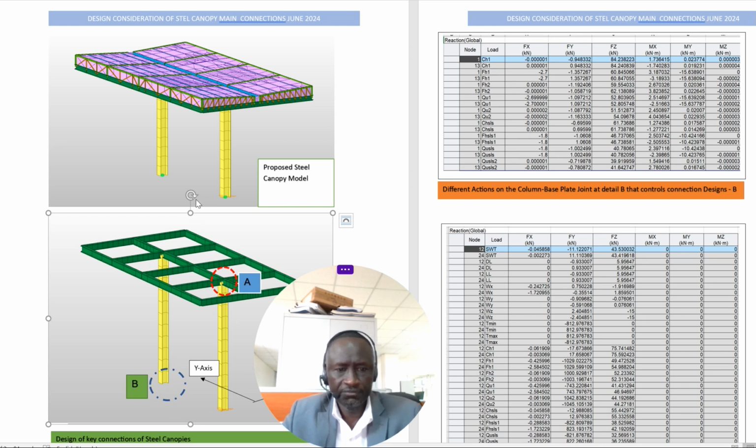For you to achieve full fixity, sometimes it's good to encase this connection properly so that the rigidity is 100%, in line with the actions from wind. Wind is the worst force here.